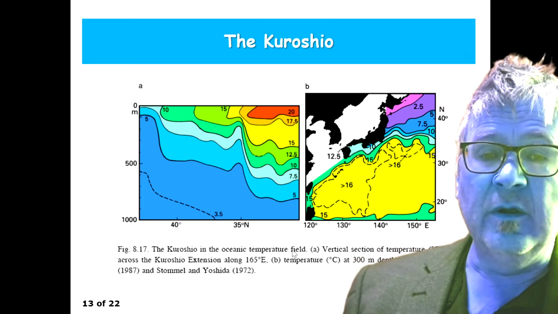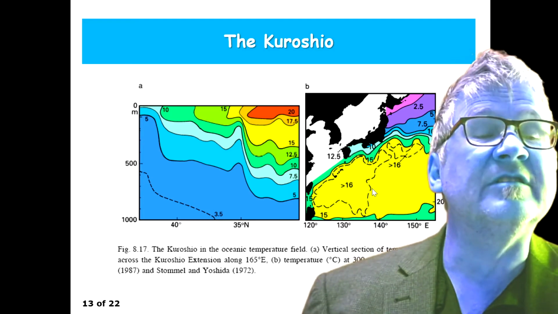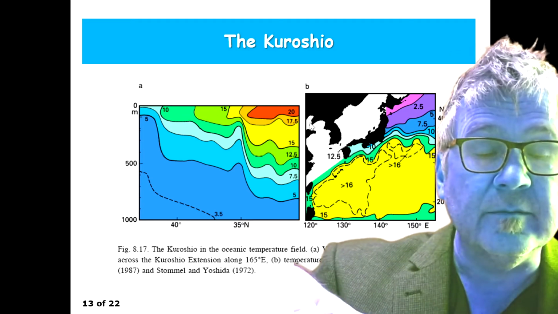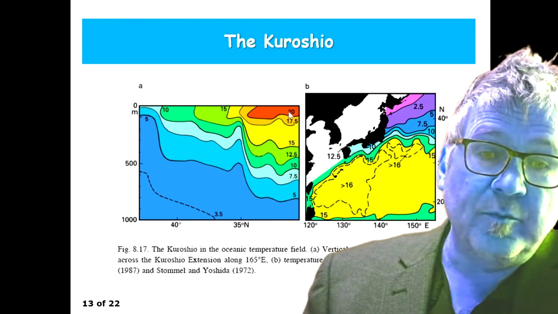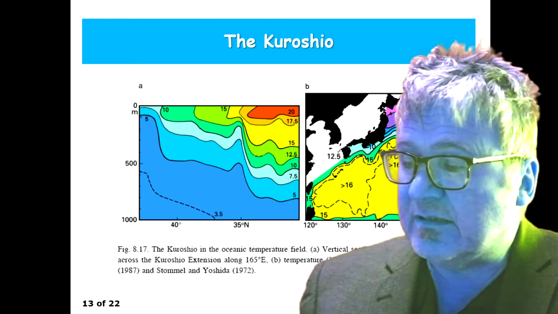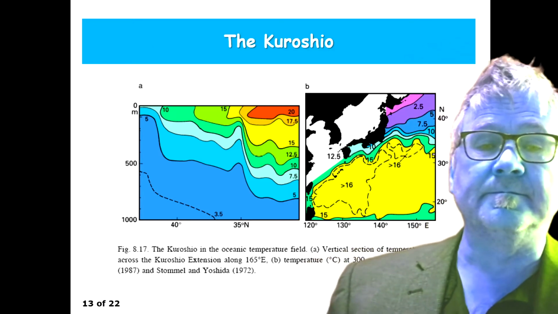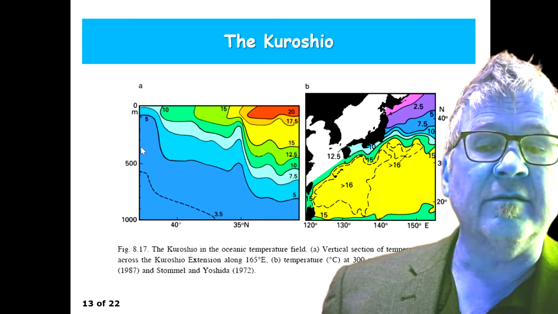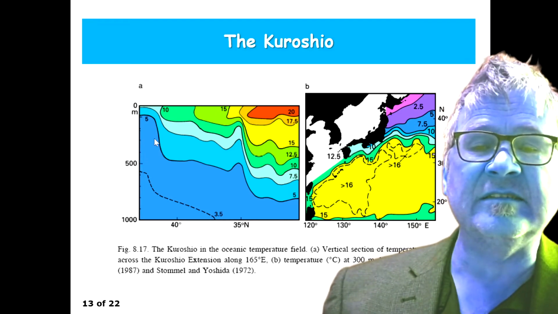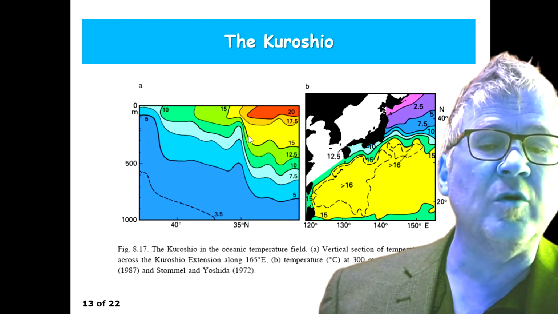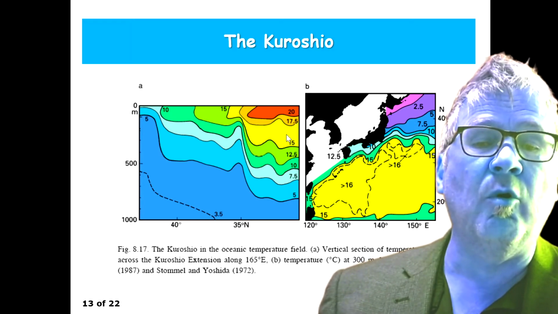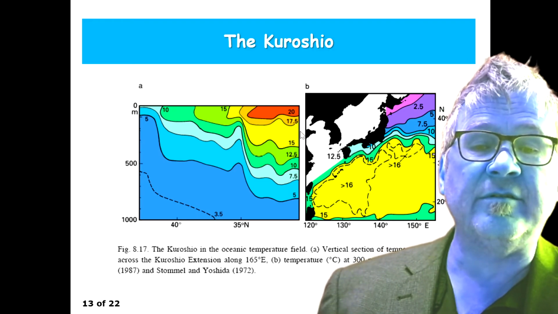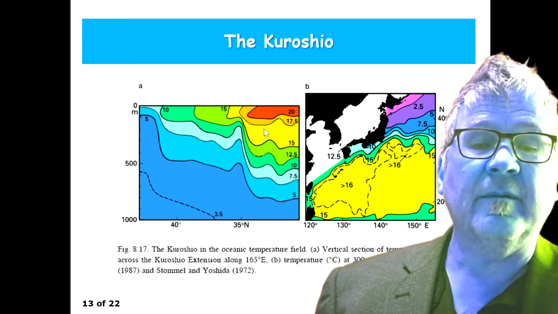On the right-hand side, it shows you the structure of temperature if you cut horizontally. You slice open your cake at a depth of 300 meters. If you do that on the left side, you end up in 16-degree warm water. So this is the warm water region.